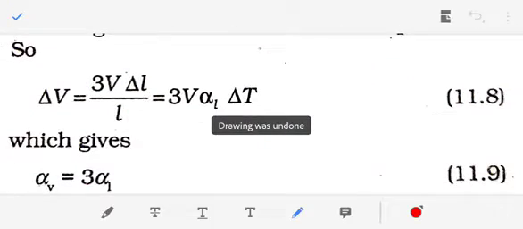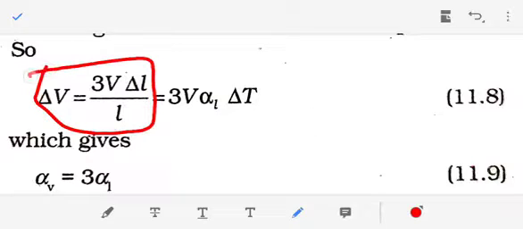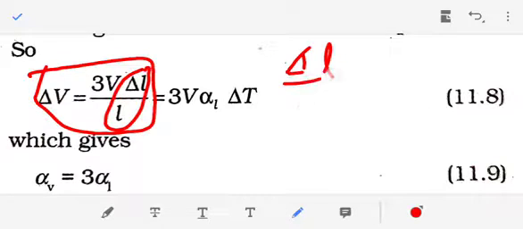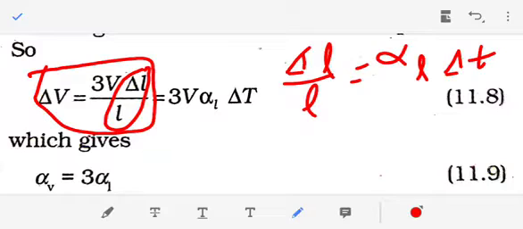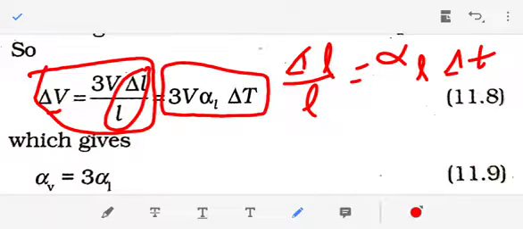So delta V will become 3V delta L upon L, and delta L upon L is what? Delta L upon L is alpha L delta T, remember? So we will put this value here. So delta V will become 3V alpha L delta T.